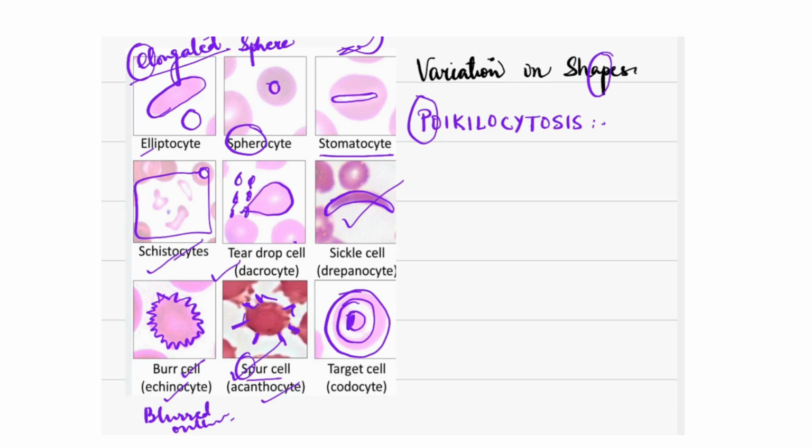So there's a hemoglobin patch, then there is white pallor, no hemoglobin, and again there is a hemoglobin zone. So it's alternating pallor and hemoglobin zones. This is called a target cell. So these are the variations in shape which you find in the day-to-day practice of clinical hematology, if you are a pathologist trying to report. So this is how it goes.